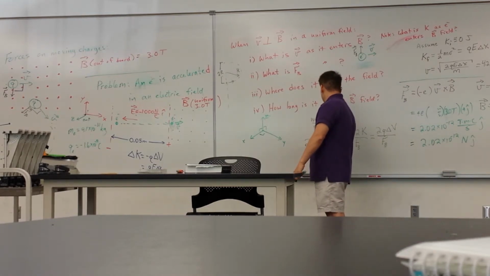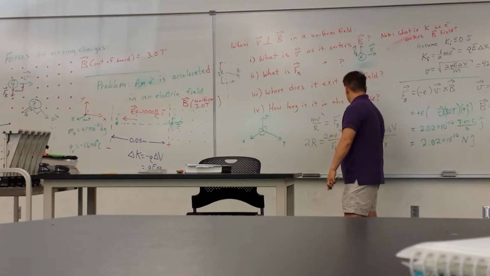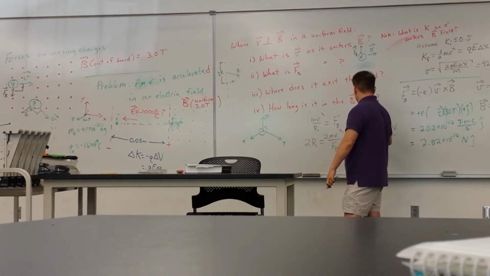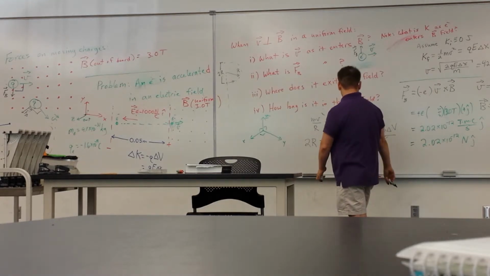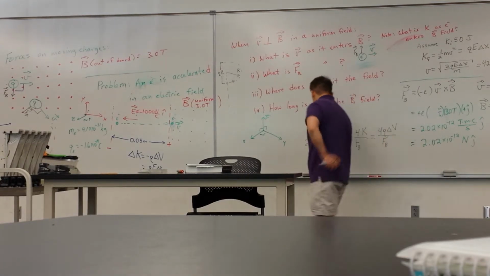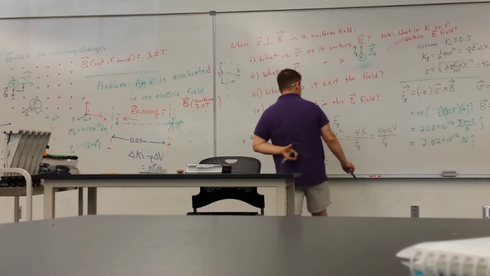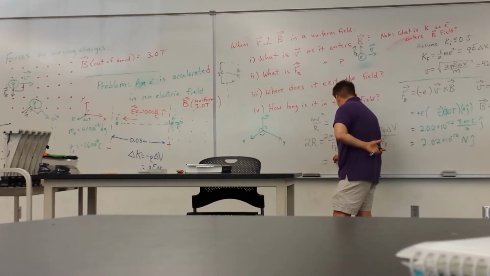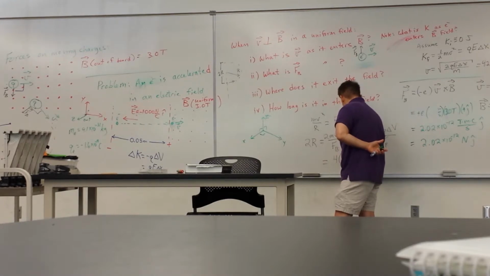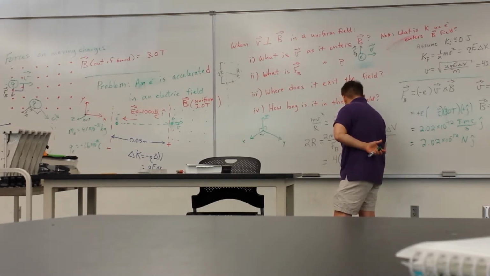So if you double all of this stuff, 7.9 times 10 to the negative 6 meters. Oh yeah, we're gonna double it again, so we have 4 times 1.6 times 10 to the negative 19th coulombs.